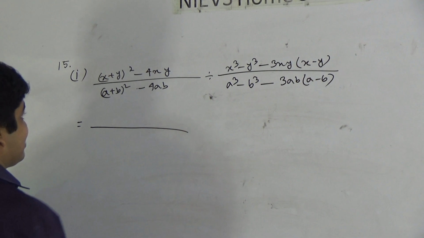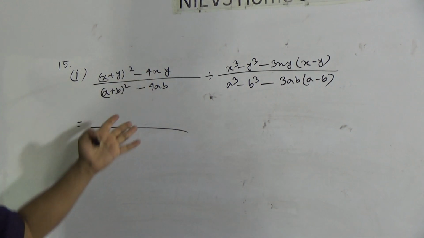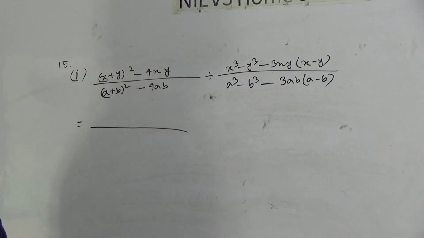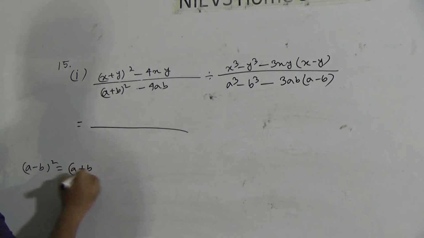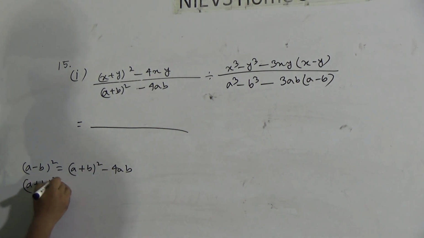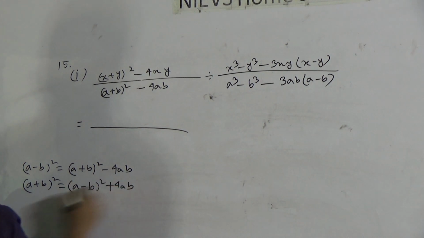Dear students, so easy math. (a + b)² − 4ab. So that means (x + y)² − 4xy. It is the formula of (a − b)². Notice we know (a − b)² means (a + b)² − 4ab. On the other hand, (a + b)² means (a − b)² + 4ab, just like this one.